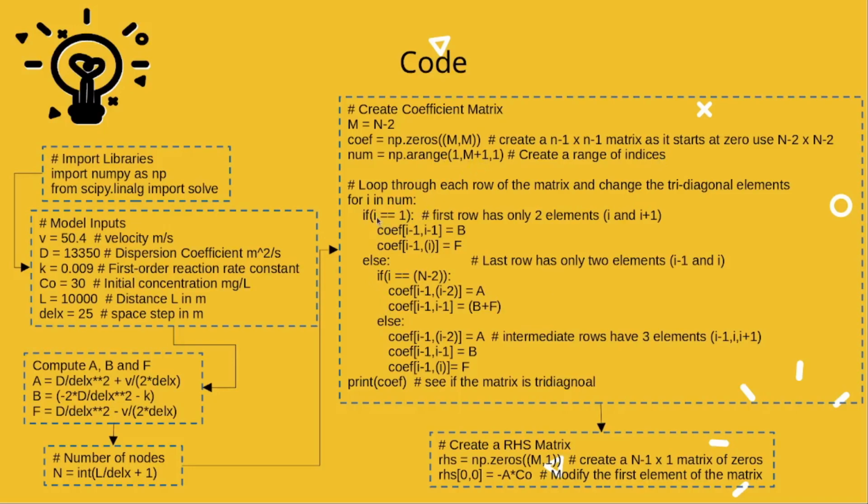And if I say that at node I, my I minus 1 is B, and then I F, remember these are in columns, my rows stay the same. And then else, if I is equal to n minus 2, I use my coefficient that goes from I minus 1 to I minus 2, and then I minus 1, I minus 1.